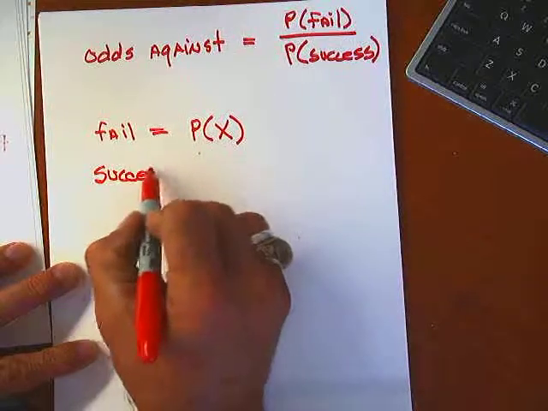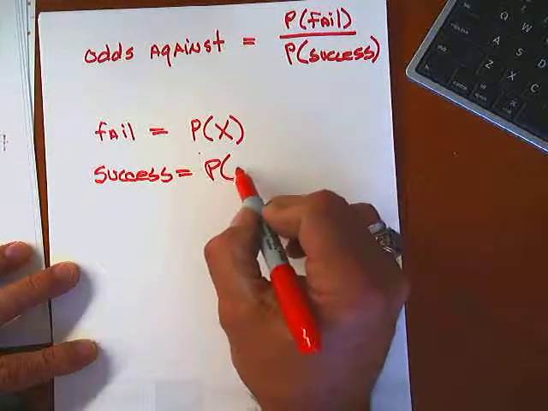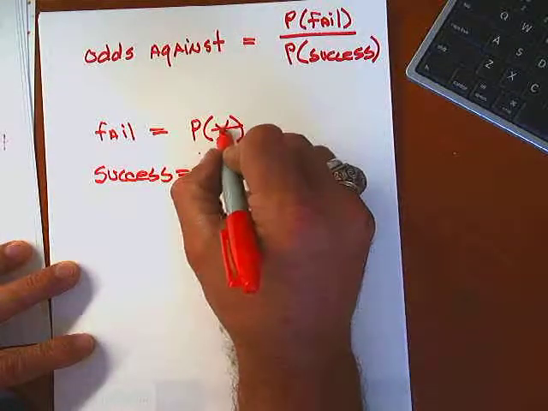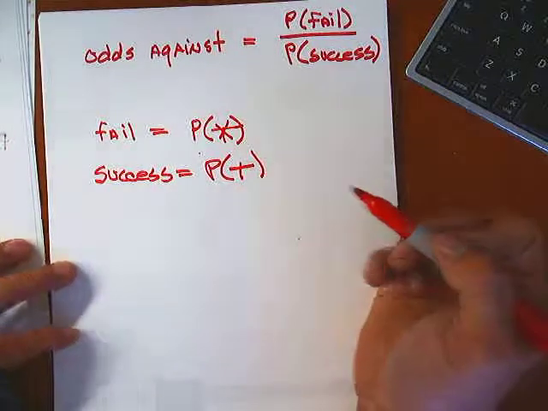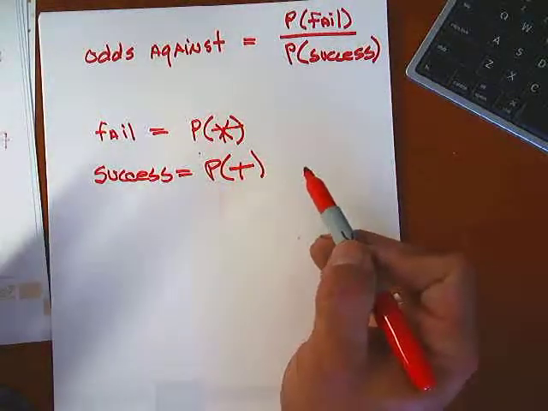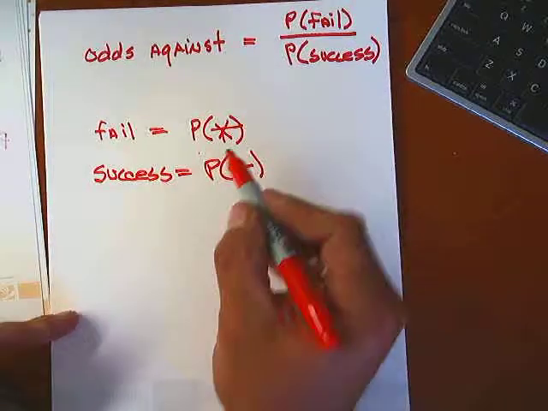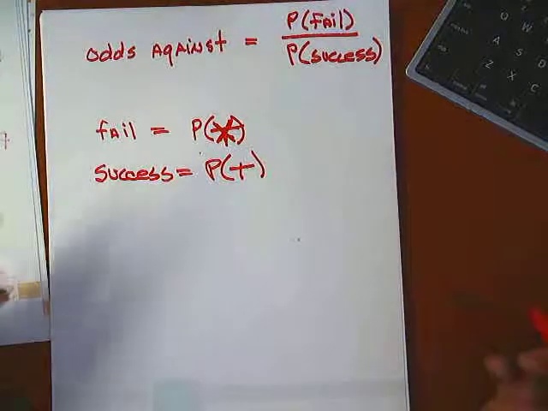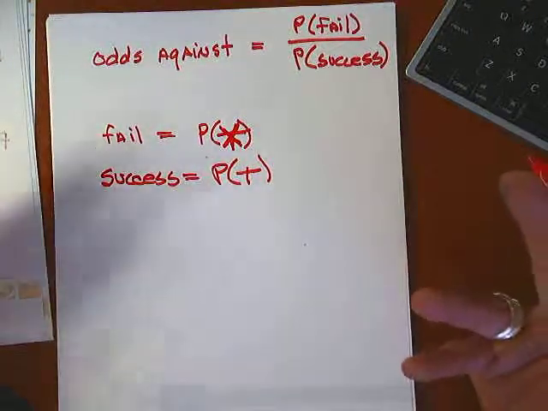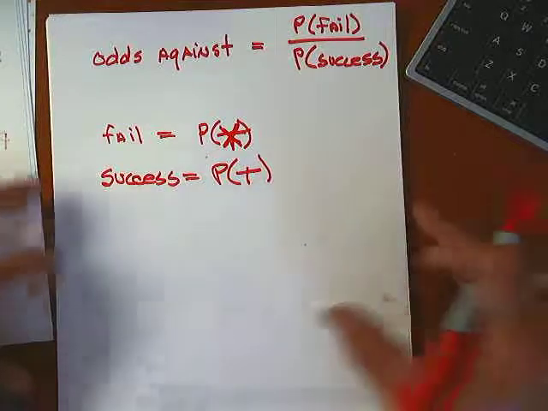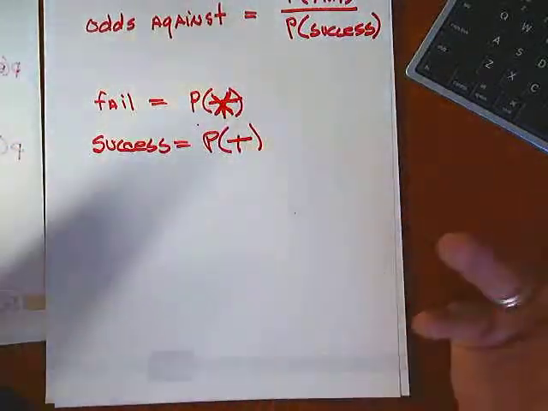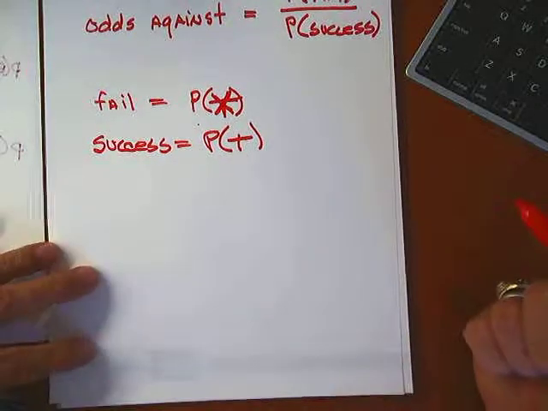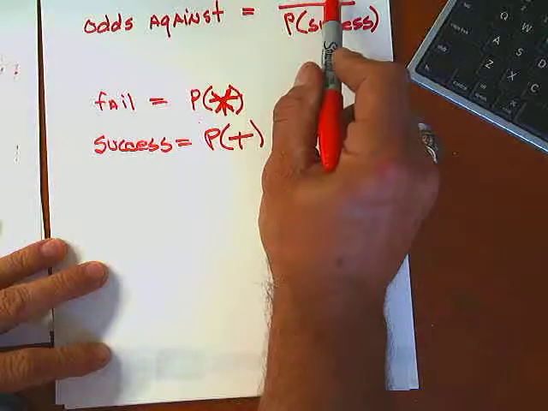If you were to talk about flipping a coin, then the probability of getting, let's say, heads. Well, heads would be success and tails would be failure. So let me just say this: failure is equal to the probability of something not happening, where success is the probability of something happening.